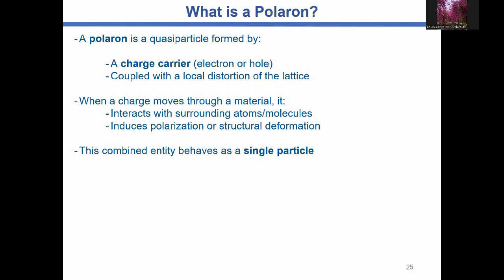I didn't have any figure to show, but it means that you don't have a free electron inside organics, but you have the electron or hole tied to the distortion of the lattice. We can correlate it to electron-phonon coupling in the organics.